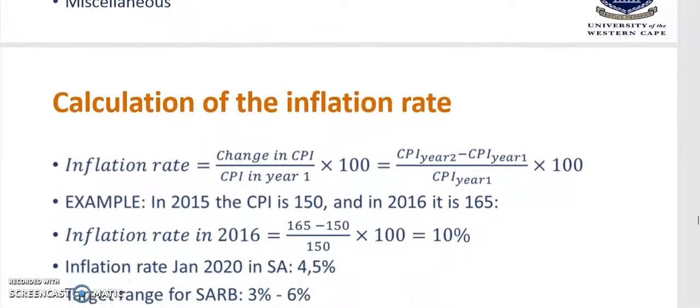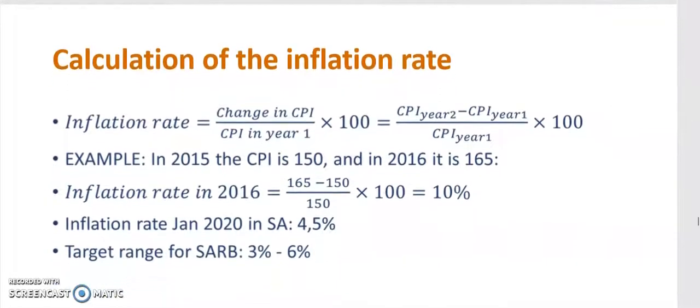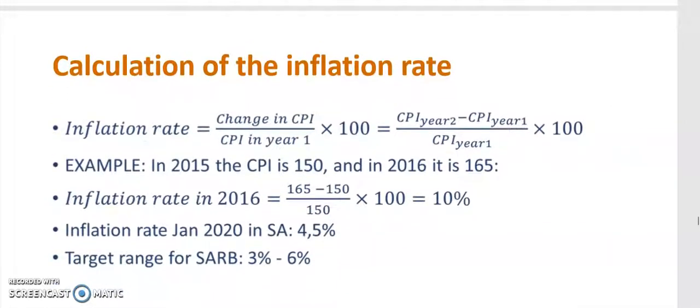The calculation of the inflation rate is equal to the change in CPI divided by CPI in year 1 times 100, which equals CPI year 2 minus CPI year 1, divided by CPI year 1, times 100. Example: in 2015, the CPI was 150, and in 2016, it was 165.